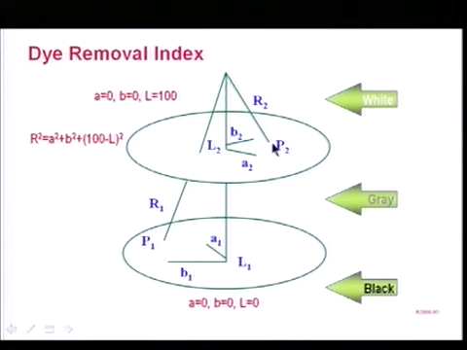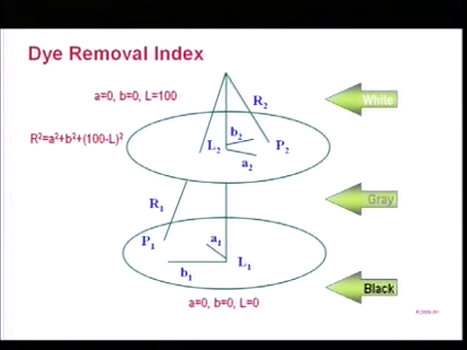P2 is the pulp after bleaching with the values of L2, A2 and B2. These are the color values of the P2 pulp after you bleach with the hydrosulfite. Now, R2 is, after bleaching, the residual amount of dye left in the system with respect to the point of ideal bleach. Now, when you subtract R2 from R1, that is the amount of dyes you want to remove.